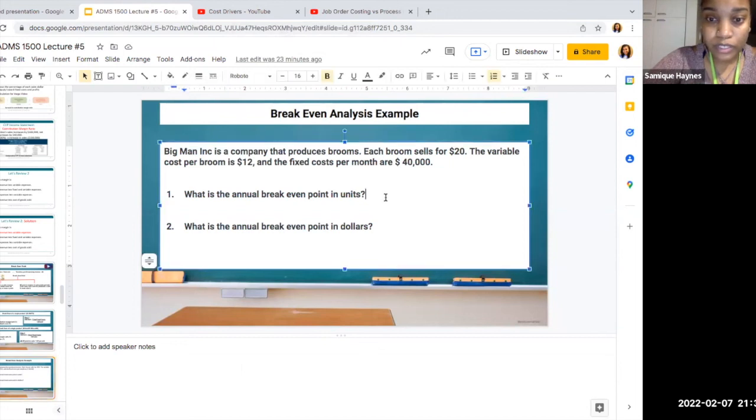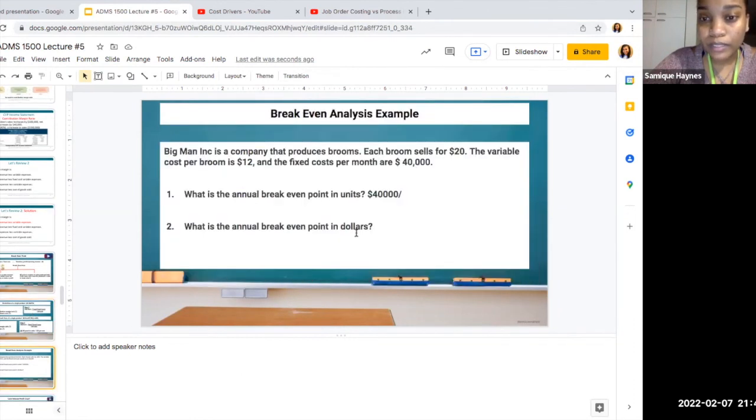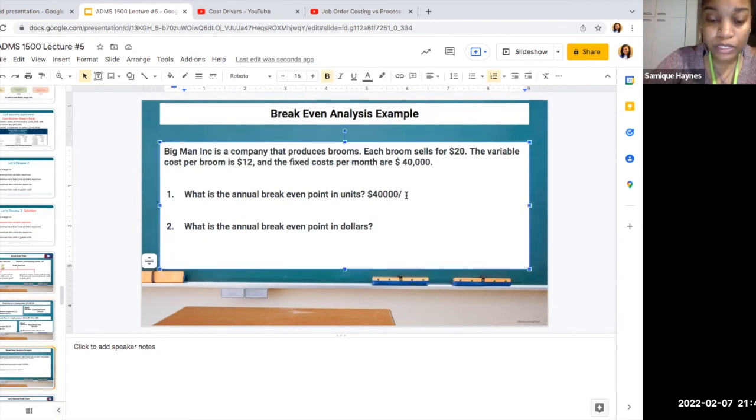Okay, so our total fixed cost is $40,000. And we're going to divide that by our contribution margin per unit, which is, for those who didn't get to see the slide, what is our contribution margin per unit? 8, very good. So 40,000 divided by $8 is equal to 5,000 units, right? Great. So what is the break even in sales dollars? Well, we can find it using two ways.